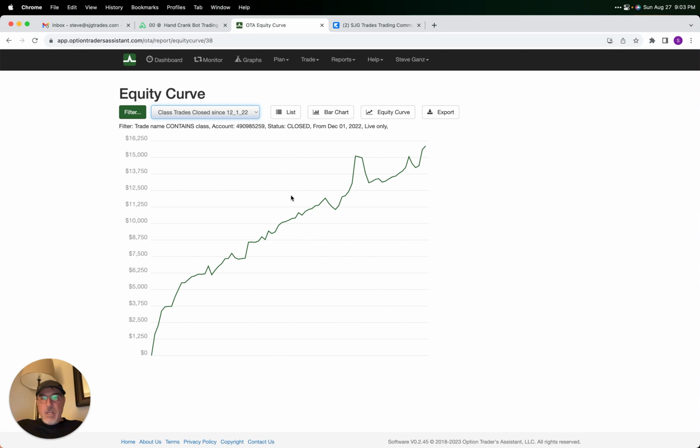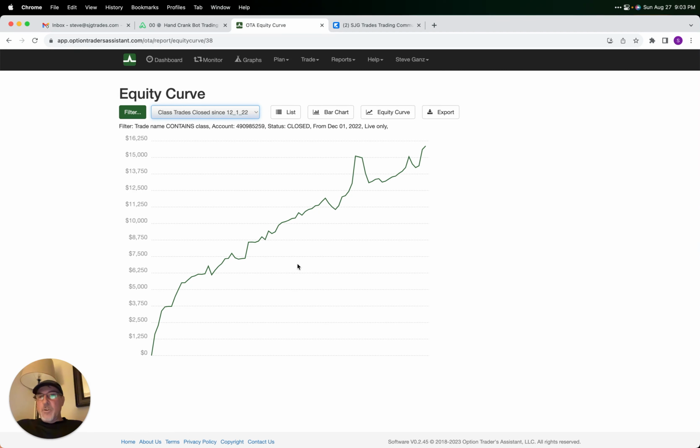This is the equity curve of all of the trades that I've made in the service since December 1st of 2022. Now keep in mind all these trades are being made in relatively small size. I try to keep the maximum risk at about $2,500, and we have anywhere from 3 to 5 trades open at a time.